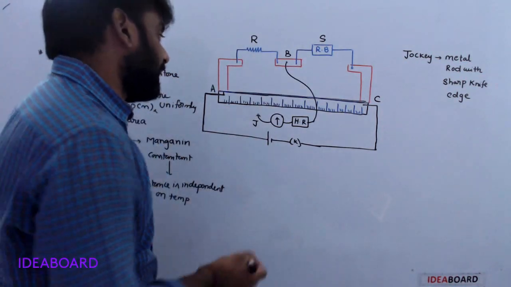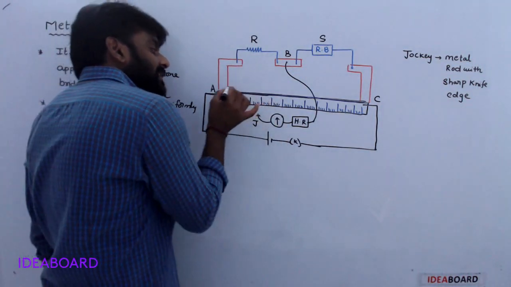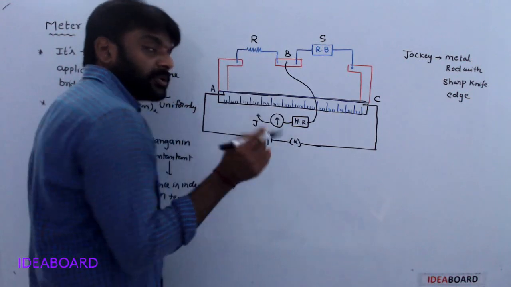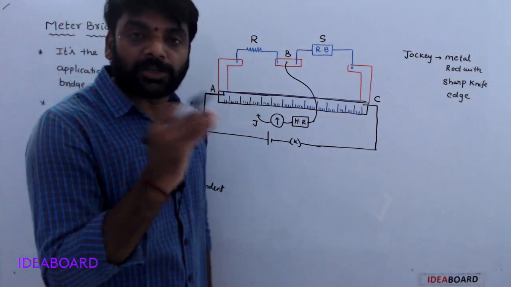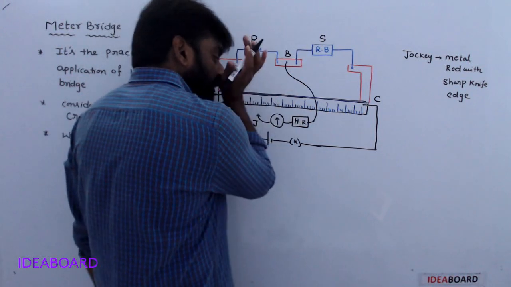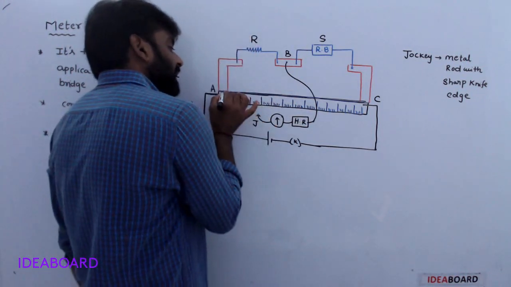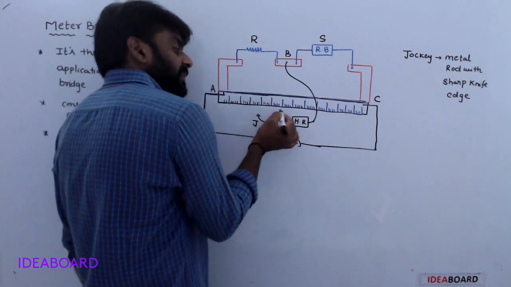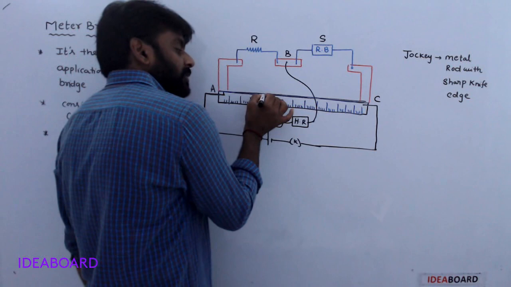Now this jockey is placed on the wire. Here the galvanometer shows deflections. If the jockey is placed here, it shows deflection.